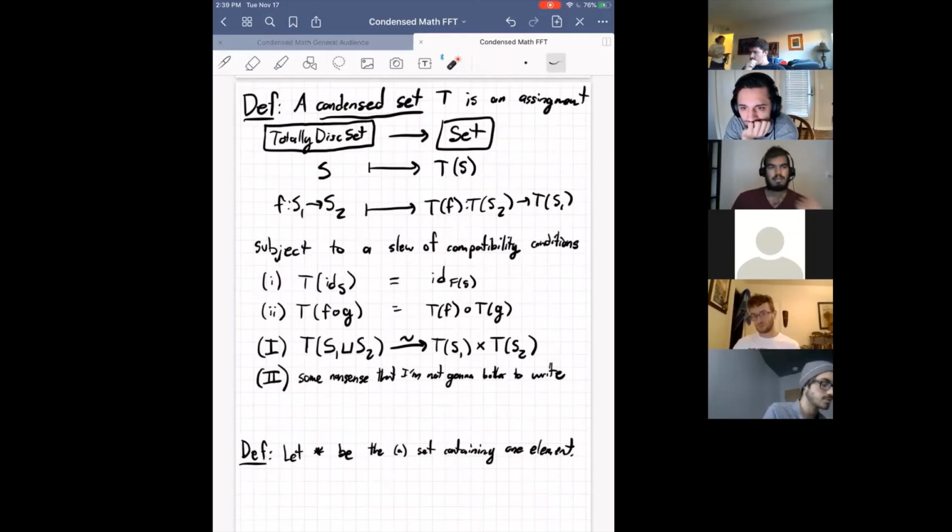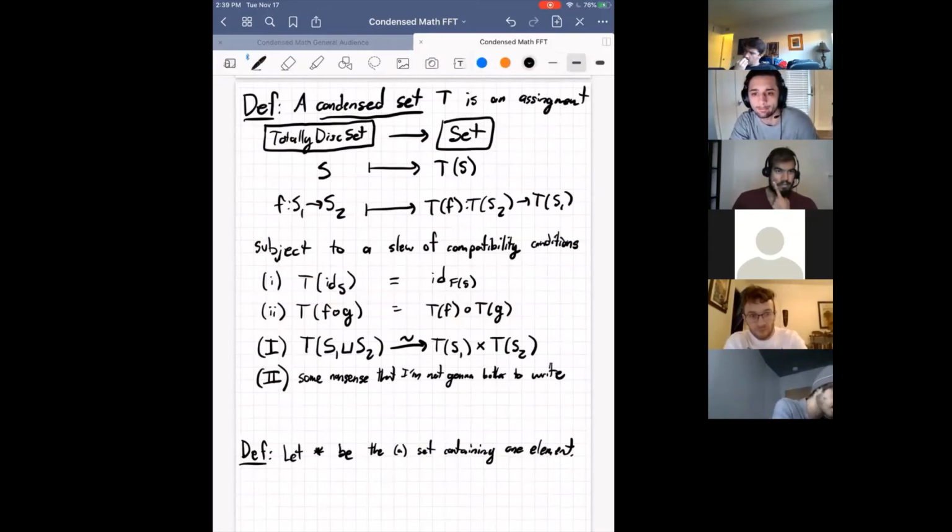I don't want to talk too much about these, but they're basic naturality things: identity goes to identity, compositions go to compositions. Then each condensed set comes with an underlying set: if star is the set containing one element, T of star is the underlying set.